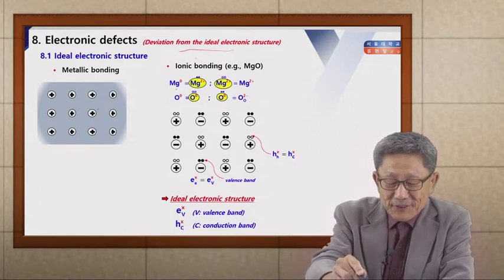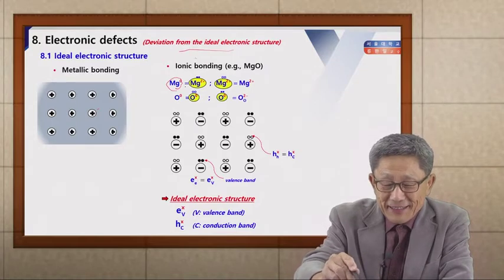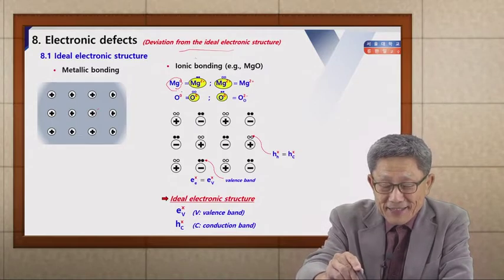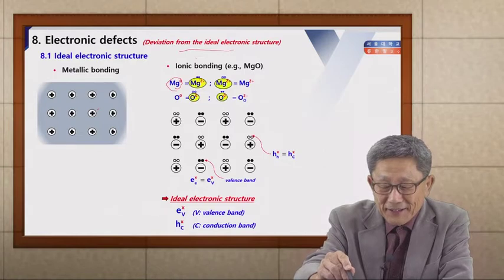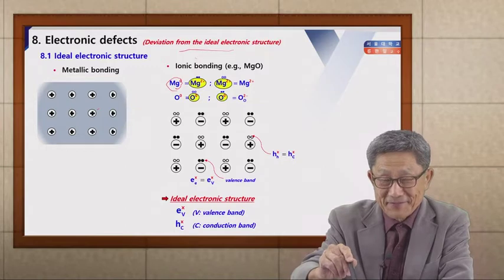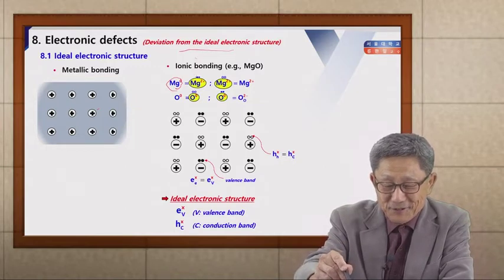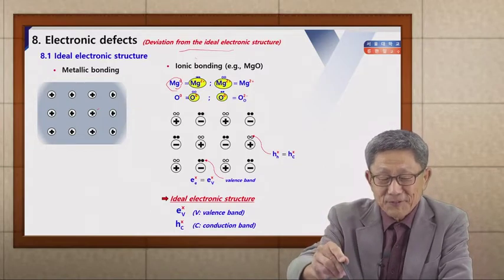Here is the neutral magnesium atom. This neutral magnesium atom consists of the divalent magnesium ion core surrounded by two outermost electrons. Pay attention to these two electrons in the outermost orbital.